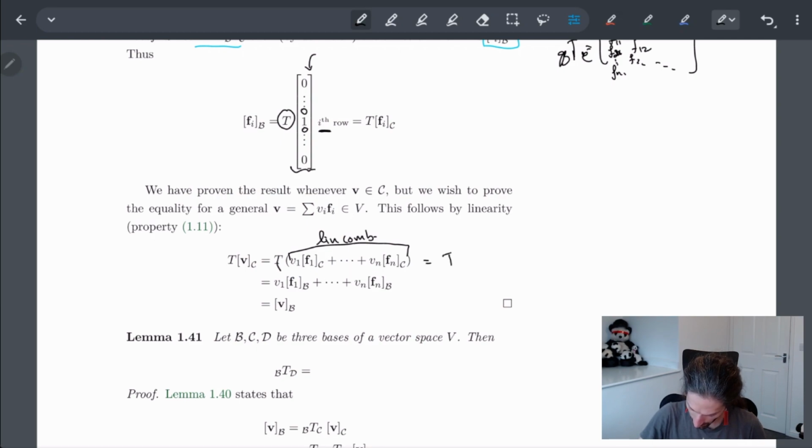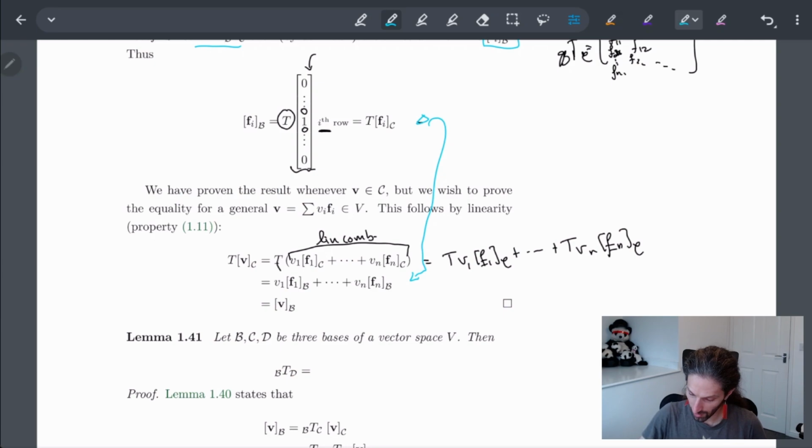So here, maybe this might help a little. V1 F1 C plus T of Vn Fnc. Then we basically use this previous result to get there. So this equality then transforms each of these into that. And then we put this together and we get V of B. Precisely that.